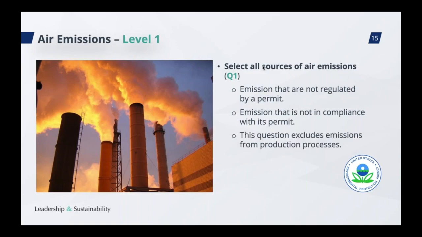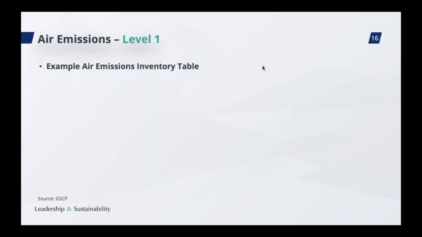To achieve this, you need to monitor also air emissions which are not in the scope of local legislations and non-compliances. An air inventory is needed for the facility to track and manage emissions and their sources.